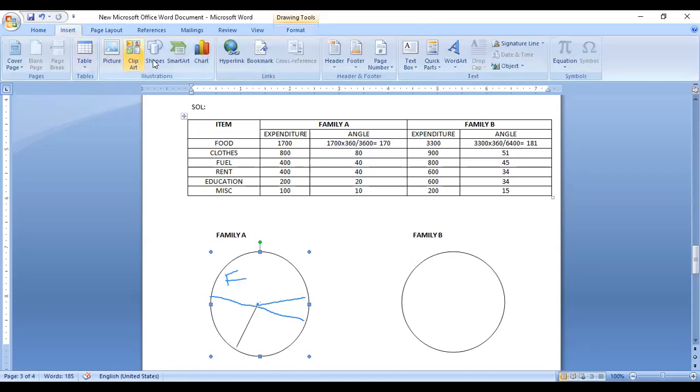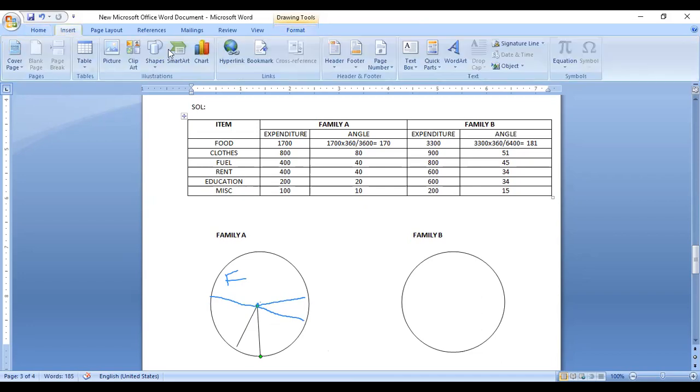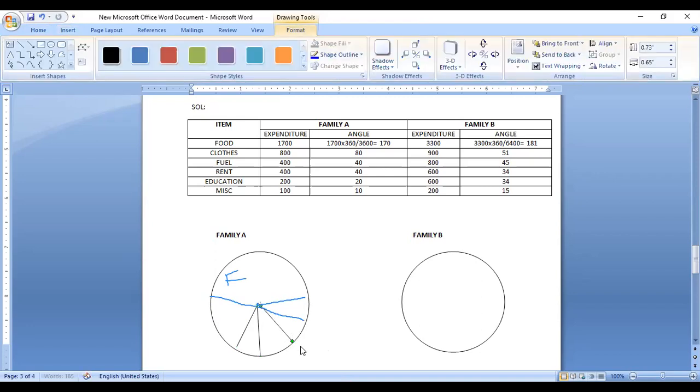Okay. Next one. This is after food, clothing, fuel. Now rent I am drawing. See, I have drawn approximately because I do not have a protractor with me now.